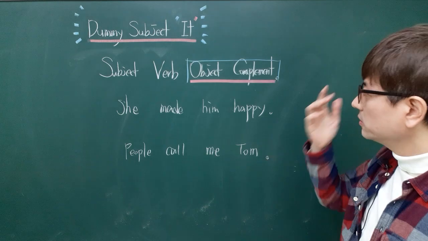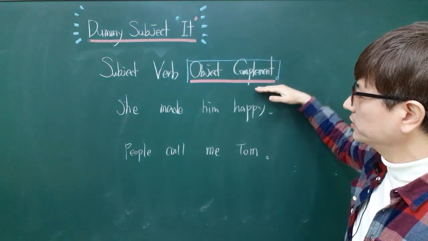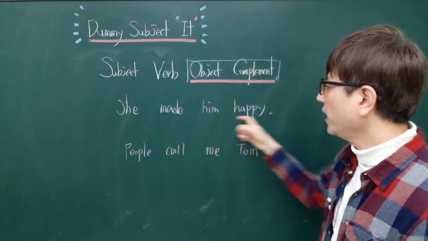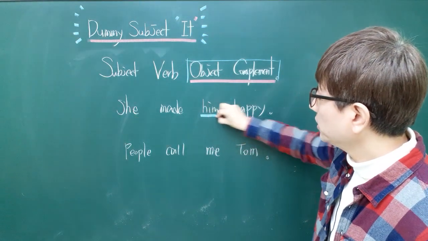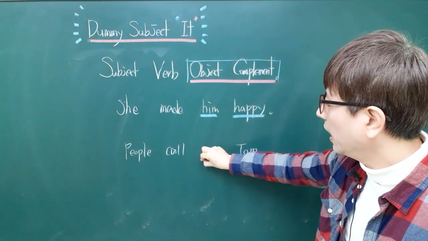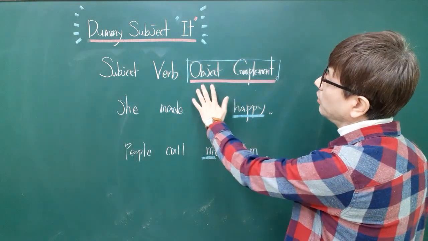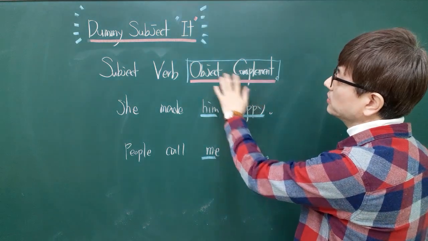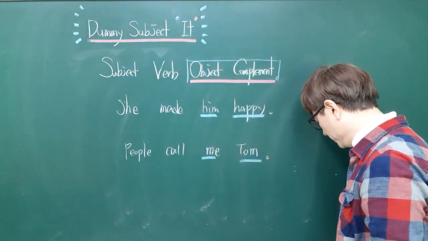As I said earlier, you have to focus on the relation between object and the complement. Look at this. She made him happy, which means he is happy. People call me Tom, which means I am Tom. As you can see, the relation between object and the complement is like the relation between subject and the verb.